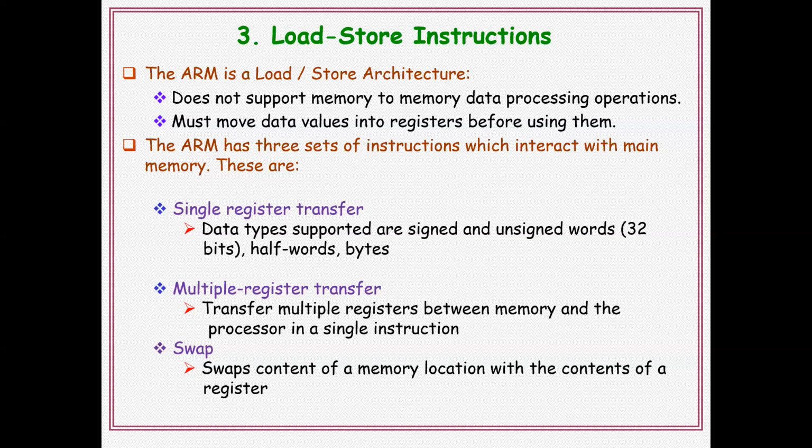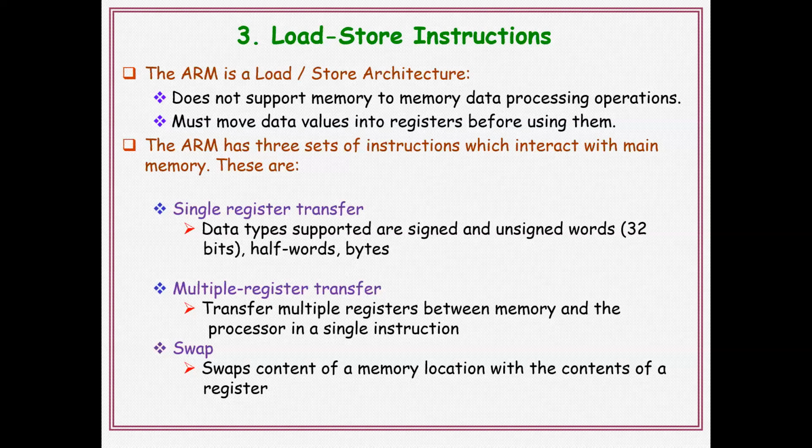ARM has three sets of instructions which interact with the main memory. The first one is single register transfer, the second one is multiple register transfer, and the third one is swap. First, single register transfer: data types supported are signed and unsigned words, half words, and bytes.